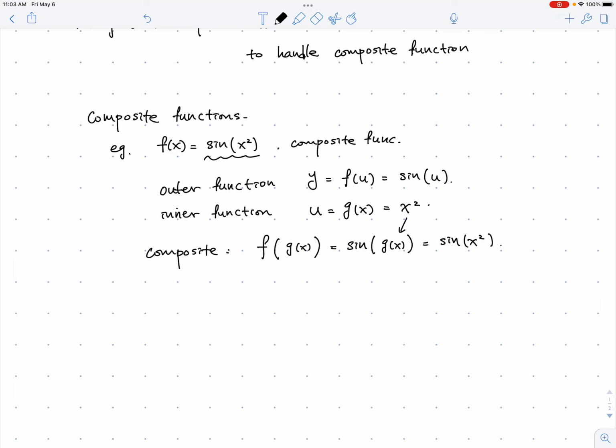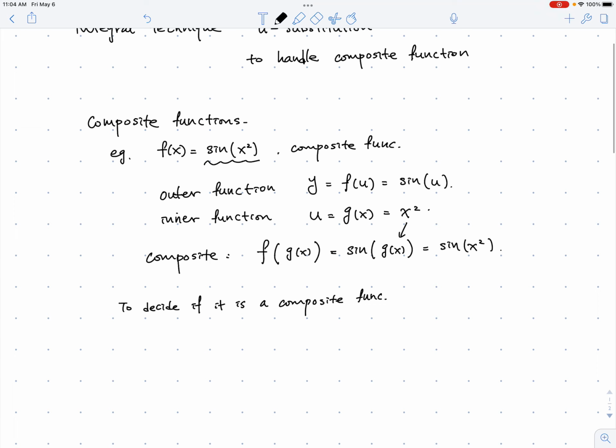A quick way that you can decide whether you have a composite function or not is to try a quick evaluation.